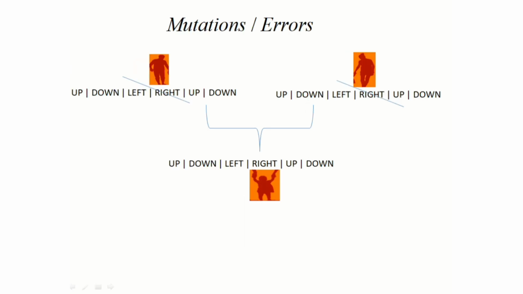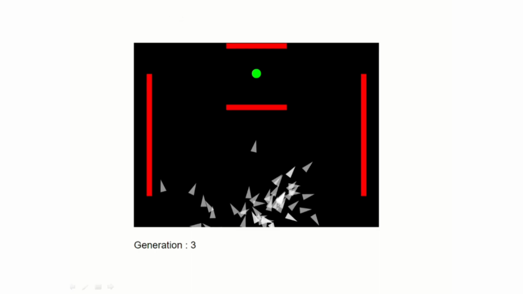We can also introduce mutations and errors, which are just random errors while copying the DNA. It's important because it helps us reach a greater variety of solutions. So these mutations and errors can expand our solution space. Now we are ready, so let's start our simulation.